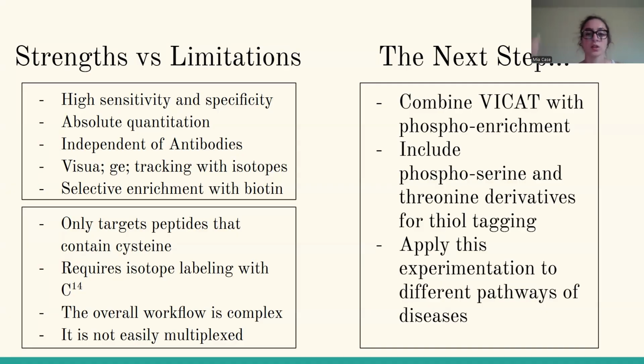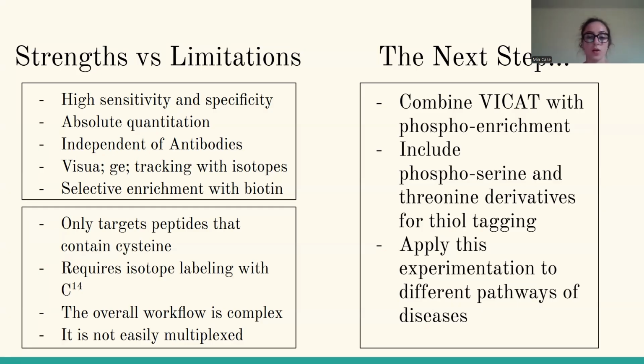And so, in conclusion, VICAT is a very robust method for quantification of proteins at low abundance. It integrates chemical labeling, affinity enrichment, visual tracking, and mass spec detection in a very cohesive workflow.